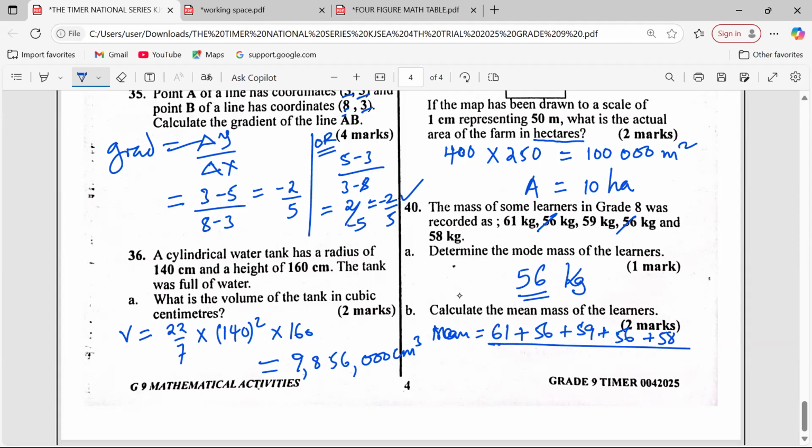This should be divided by the learners who are 1, 2, 3, 4, 5. Divide by 5. So when we add, we shall get 290 over 5. Now this is going to give us 58 kg as the mean mass for the learners.